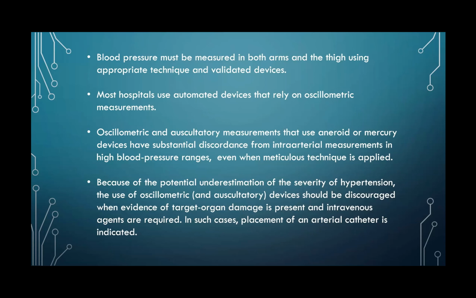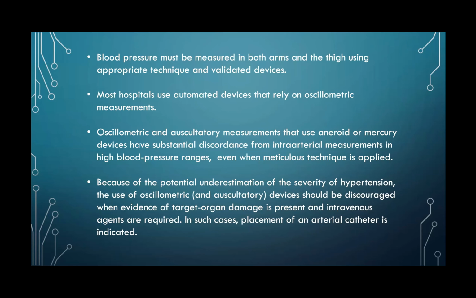The problem with these devices is that when your blood pressure is in a fairly normal range, they are accurate if you apply meticulous technique. But when you go towards extremes of blood pressure, and I don't mean just the high extremes but also low extremes, they found that these devices have a lot of discrepancy with blood pressures measured using arterial lines.